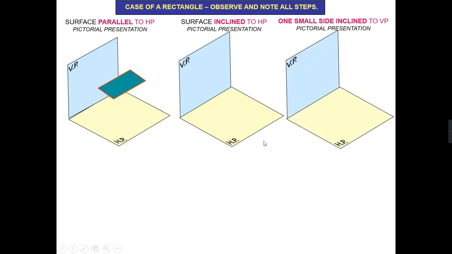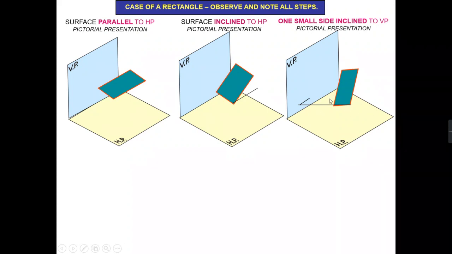Okay, we will see it is a rectangle and it is now parallel to the horizontal plane. If your plane is inclined to the horizontal plane, it will look like this, and if it is inclined to both, it will look somewhat like this.